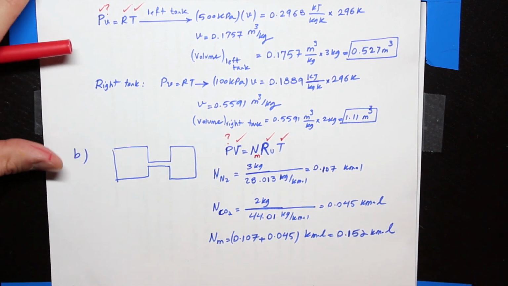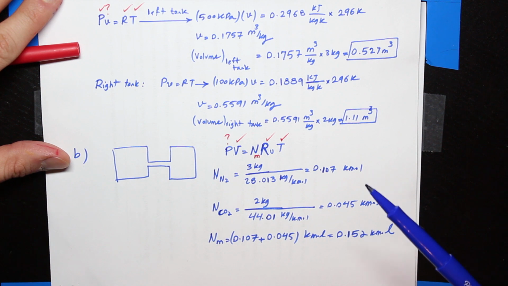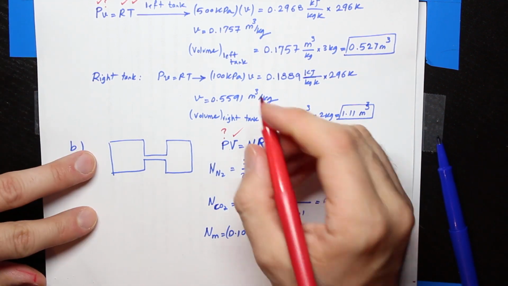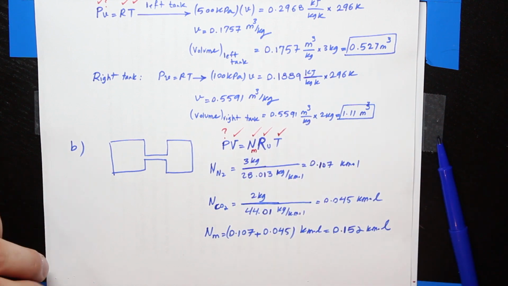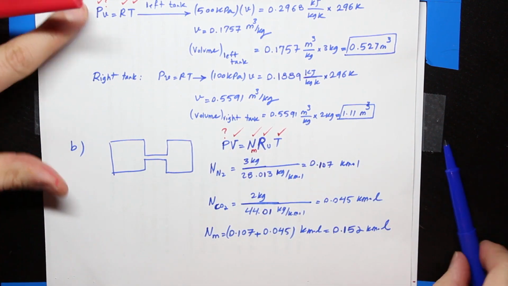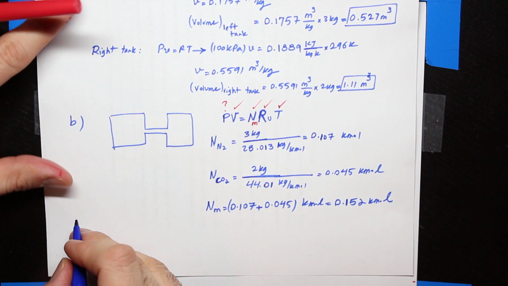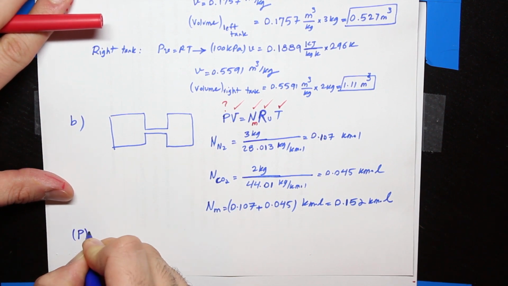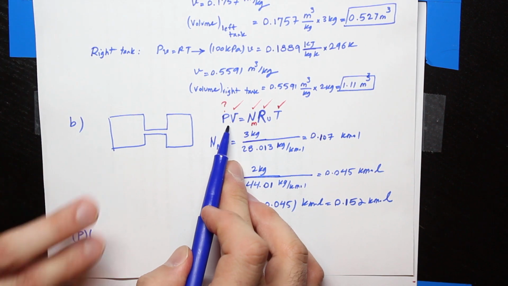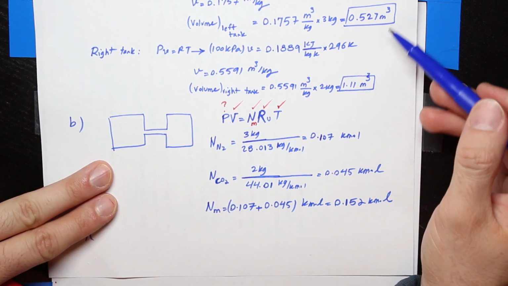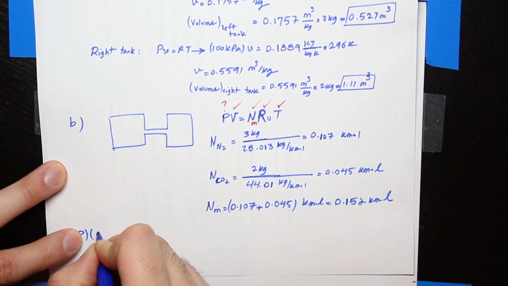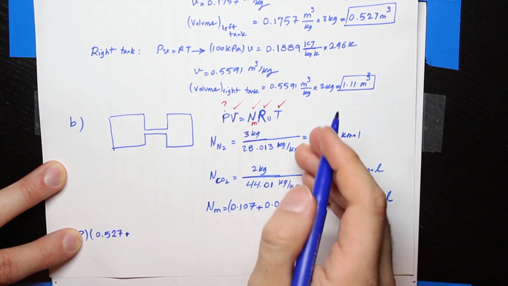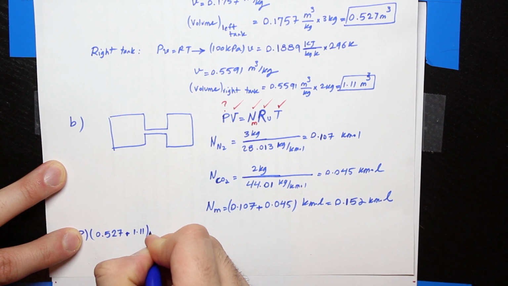Now let's get back into this equation, because now I can check this Nm. If I get back to that equation, P is still the question mark. V is the sum of the two volumes that I obtained in part A, so that will be 0.527 plus 1.11 meter cube.